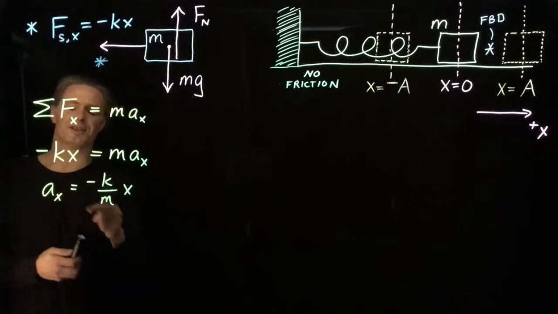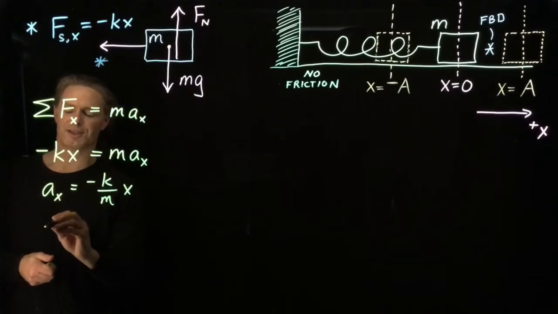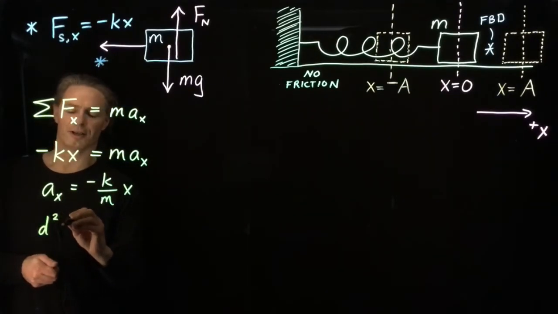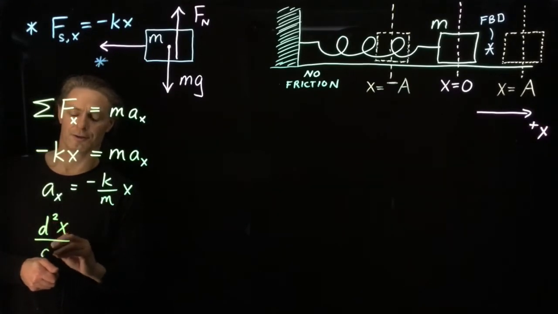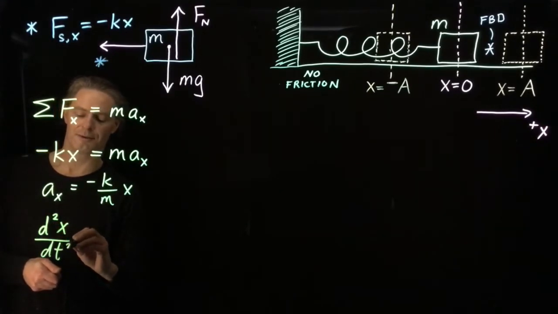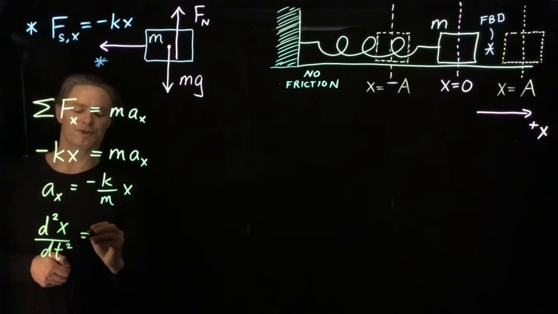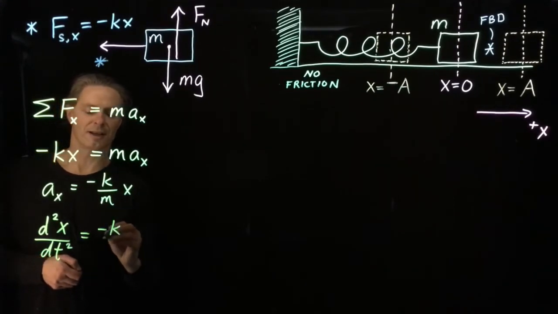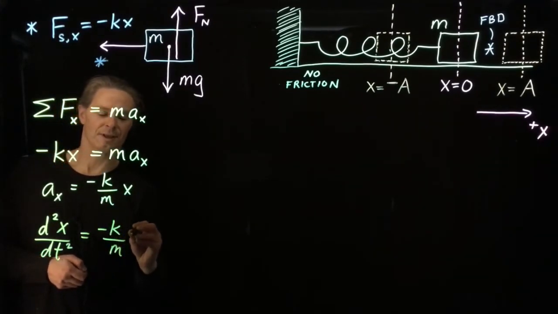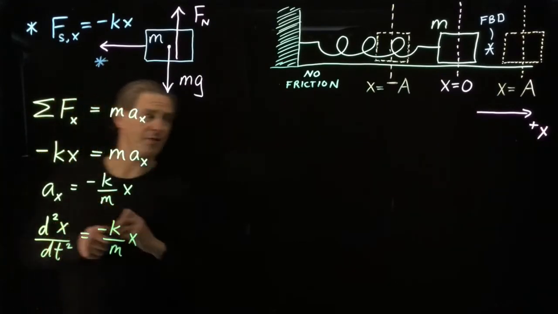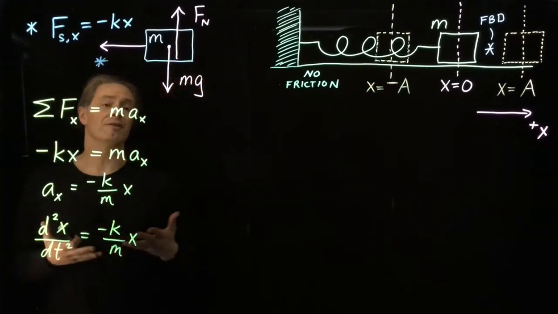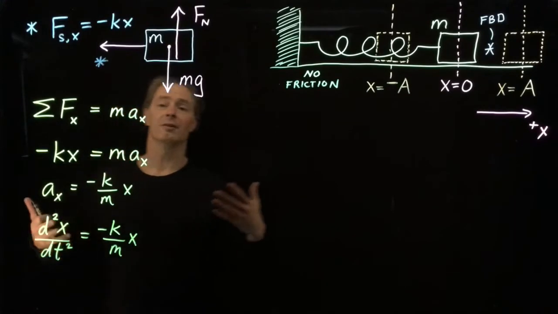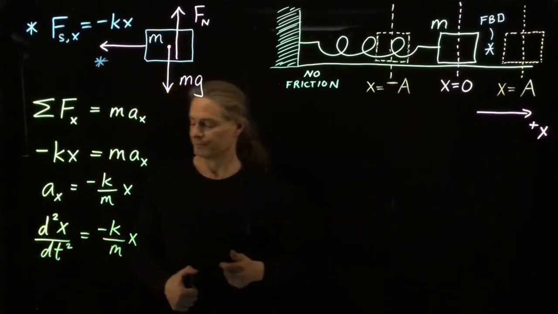So the acceleration in the x direction is the second derivative of x with respect to time. All right, and that equals minus k over m x. So this is a differential equation. The way we solve these differential equations often comes down to guessing and checking a solution.